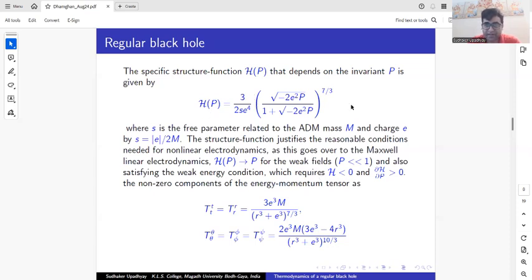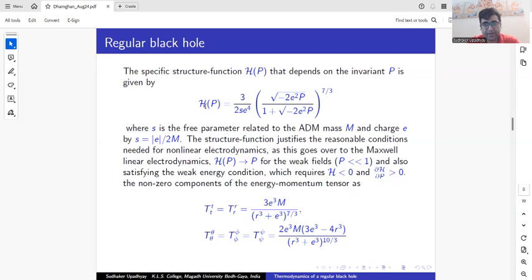With these conditions this can be considered, where S is the free parameter, which is a fraction of the electric charge E over 2M. This M is the ADM mass, which will be related to the black hole mass.